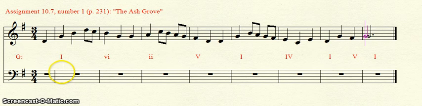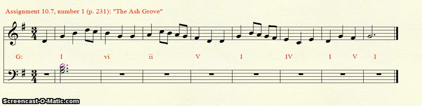Okay, so if I put a G chord here, and then a 6 chord, then a 2 chord, G, A, right? Let's put it down here. Notice this is just for temporary purposes because this is awful voice leading, isn't it? Okay, we just want to see if it's going to sound okay.